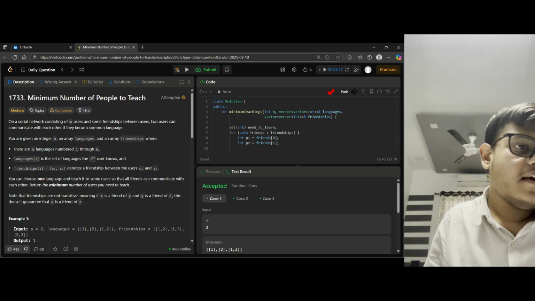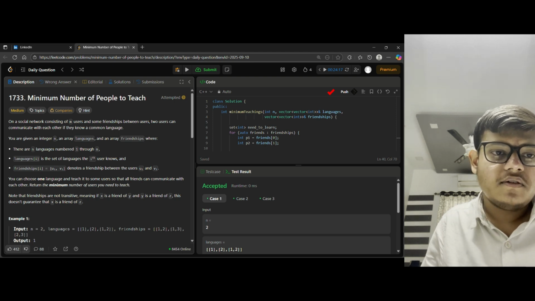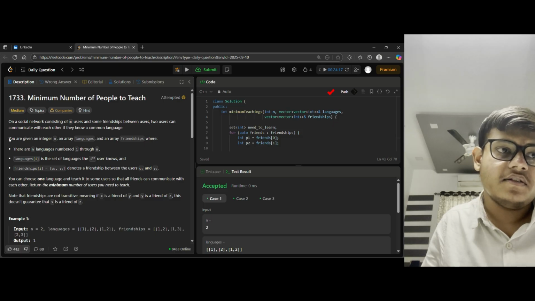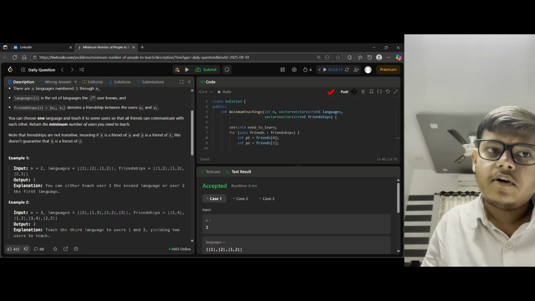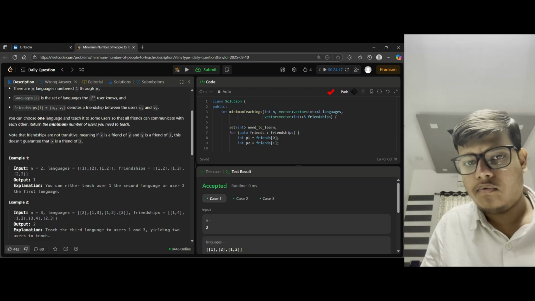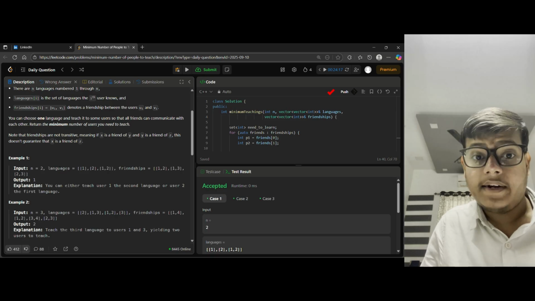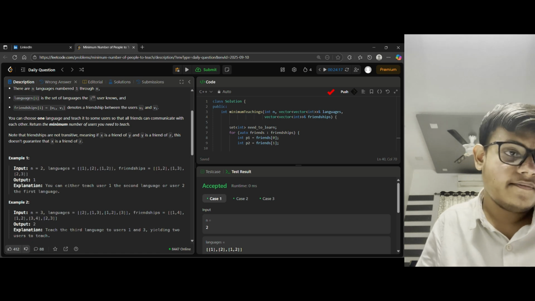If you choose one language to teach to some users so that all friends can communicate with each other, return the minimum number of users you need to teach. Note that friendship is not transitive, which means X is a friend of Y and Y is a friend of Z does not imply X is a friend of Z, right?